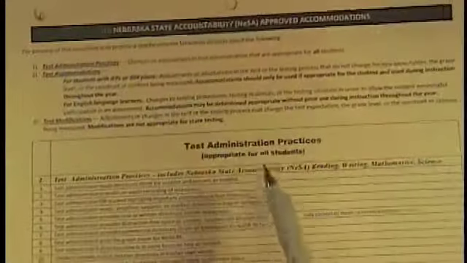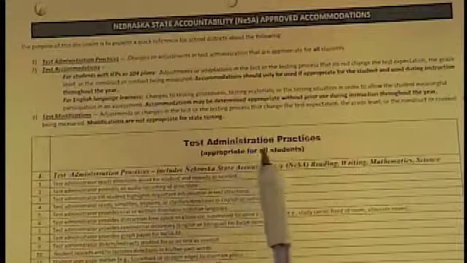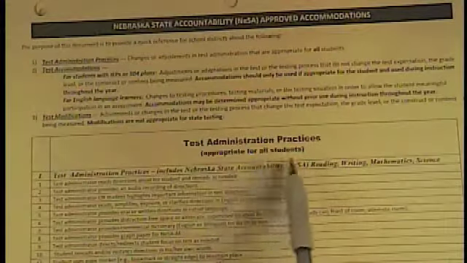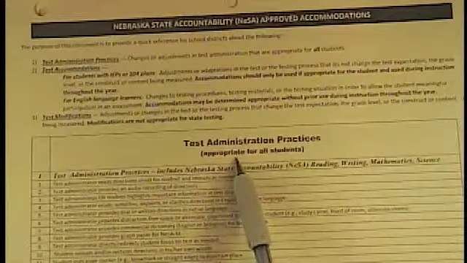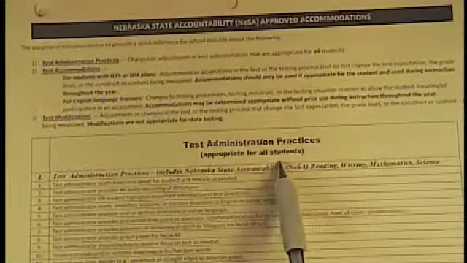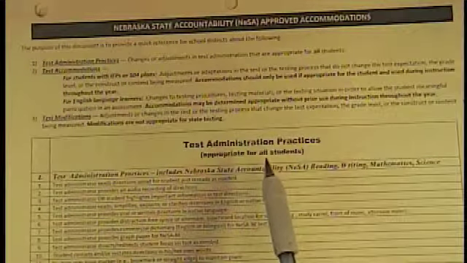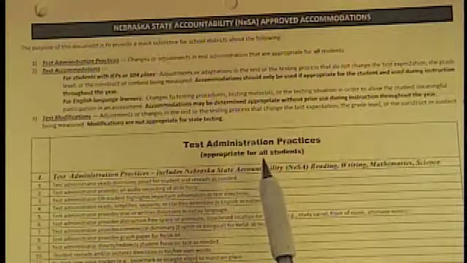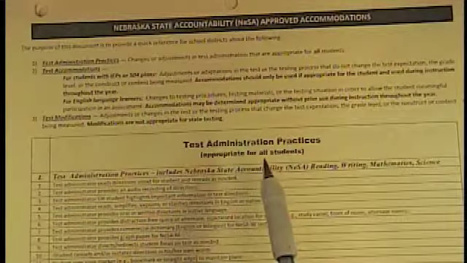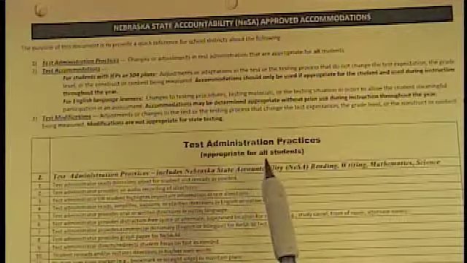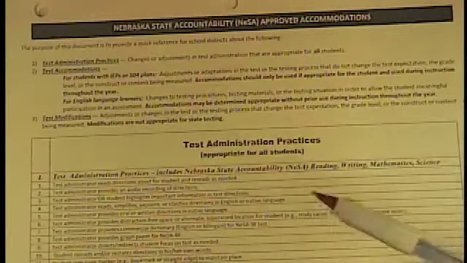If you look on down the page, test administration practices, the important part of this is that these are appropriate for all students, whether that means any student in your school district, whether they would be a regular student, a 504 or an IEP or an ELL student.